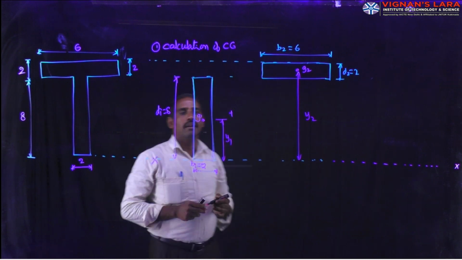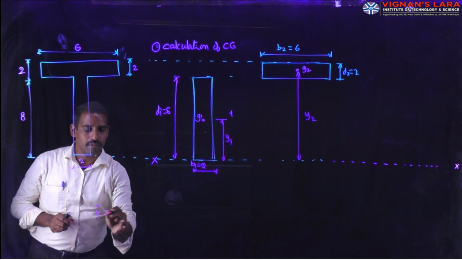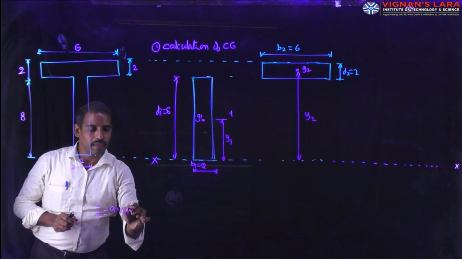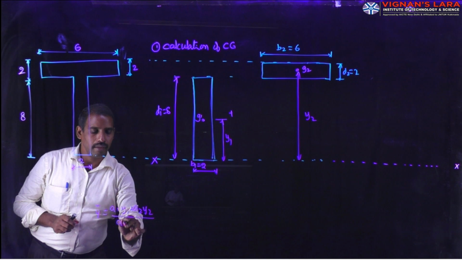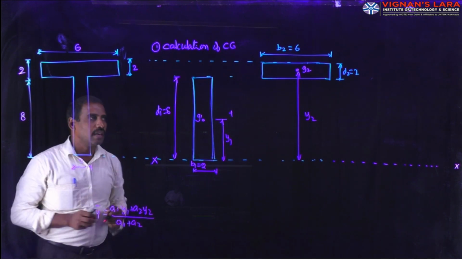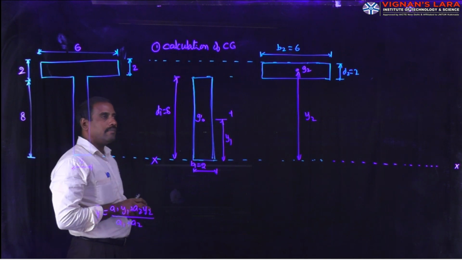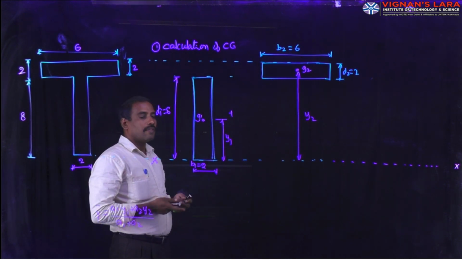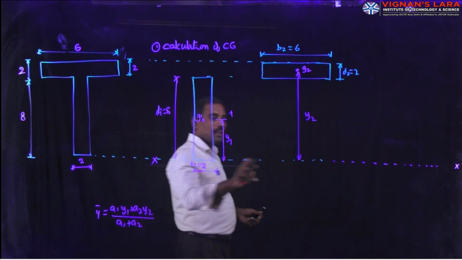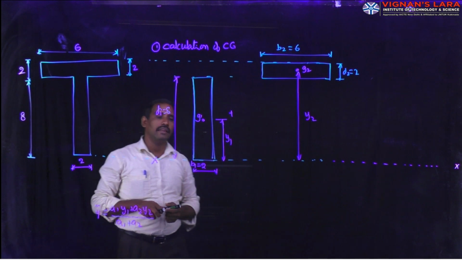We know that Y bar is equal to A1 Y1 plus A2 Y2, whole divided by A1 plus A2. What we have to calculate is the area of the first rectangle, the area of the second rectangle, and the vertical distance from the chosen x-axis to the centroids G1 and G2.